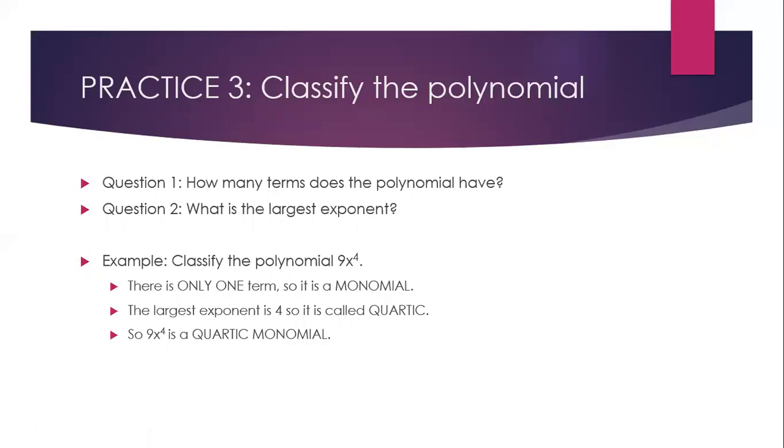All right, we'll do it again. I've got 9x to the 4th. There's only one term. 9x to the 4th is all 1 unit. So there's only one term, so we call it a monomial. Then we look and see what is the largest exponent. The largest exponent is 4. That's the only exponent we have in this. So what do you call it when you have an exponent of 4?